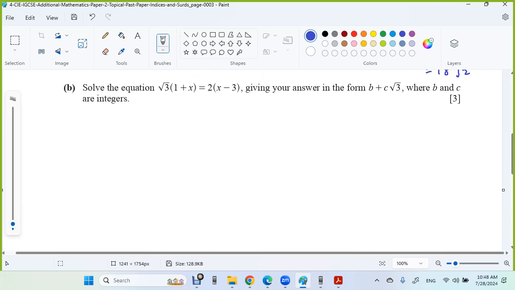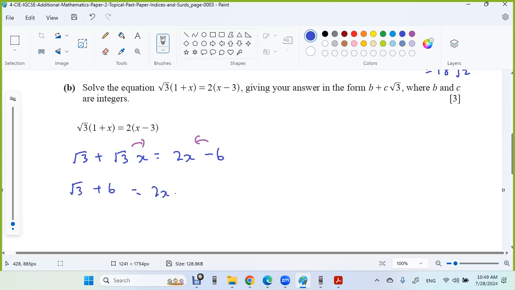Next, we want to solve the equation and then give the answer in the third form. So this one we expand, then we have the square root 3 plus square root 3x equal to 2x minus 6. So move this here, then we have the square root 3 plus 6 is the 2x minus the square root 3x.